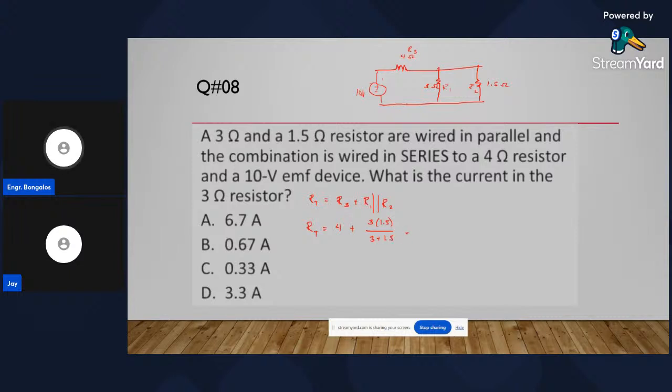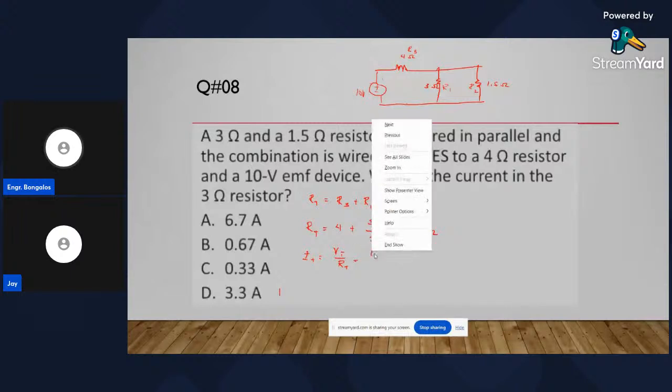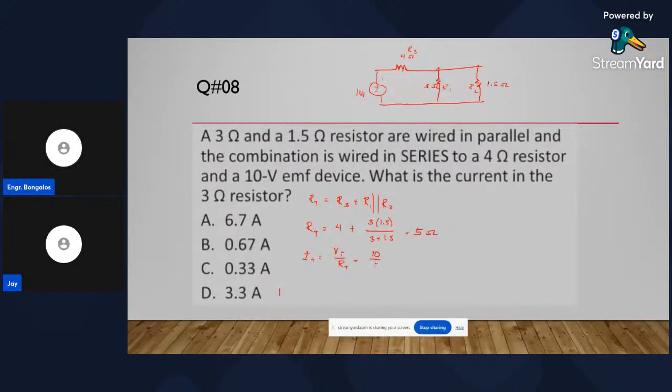So, yung R total natin is equal siya kay 5 ohms. So, next, solve natin yung I total. I total is equal to V total over R total. Sa case na to, yung V total natin is 10 volts. 10 over 5. So, meron tayong 2 ampere.